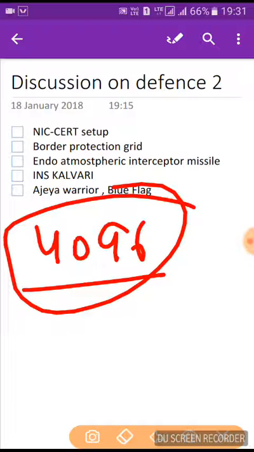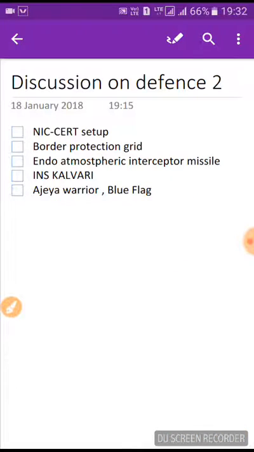Okay, and next we will discuss the endo atmospheric interceptor missile. What is this? There are two types of atmospheric interceptor missile. One is endo, second is exo.